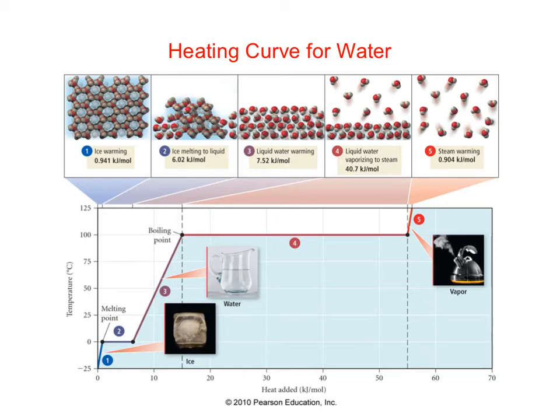Part of the reason we use boiling water to cook things is because it keeps the temperature constant. As long as the water is boiling, it's at 100 degrees Celsius, and so it makes for consistency in our recipes. The temperature won't change until I've converted all of the liquid water into steam.